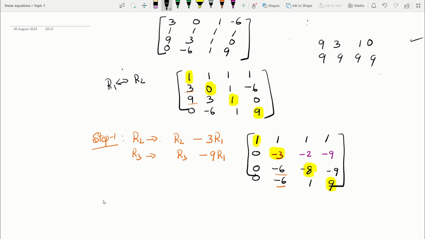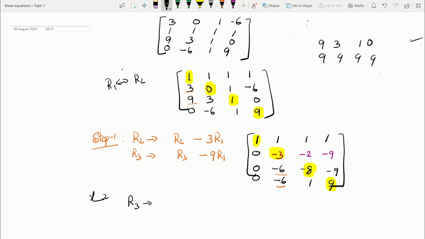Then 9 minus 9 is 0. 3 minus 9 is minus 6. 1 minus 9 is minus 8. 0 minus 9 is minus 9. Correct, na? Then R4 element, no change: 0, minus 6, 1, 9. Good. This is what we got.